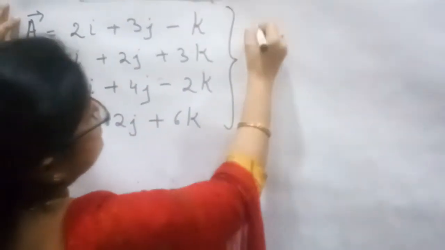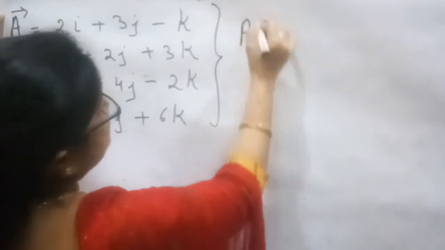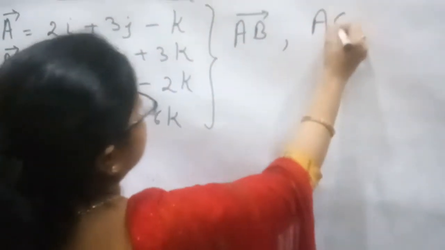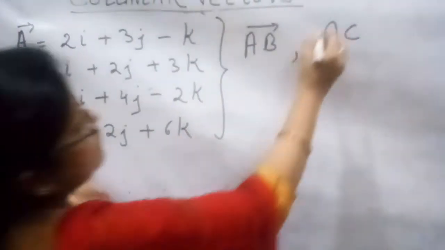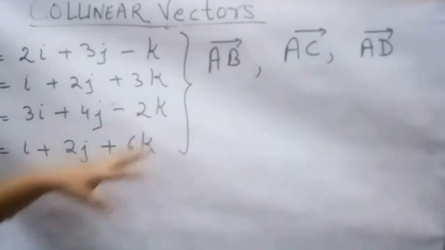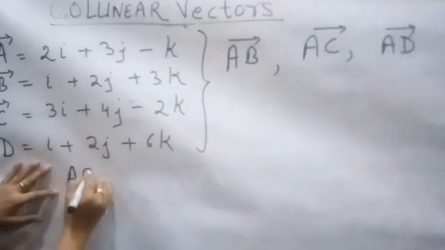We have to find AB, then AC, then AD. From only one vector we have to find the differences of the other vectors. Now how do we find the AB vector?